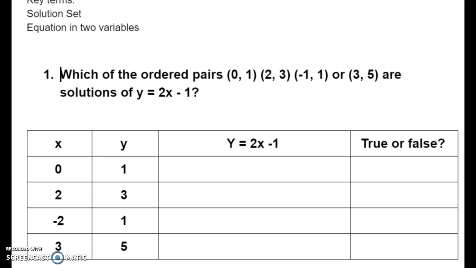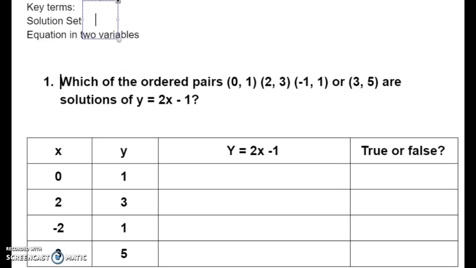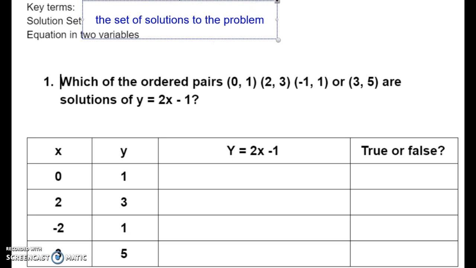So, solution set. For this definition, I want you to write, the solution set are the set of solutions of the problem. So, the ordered pairs that make the equation true. Okay?